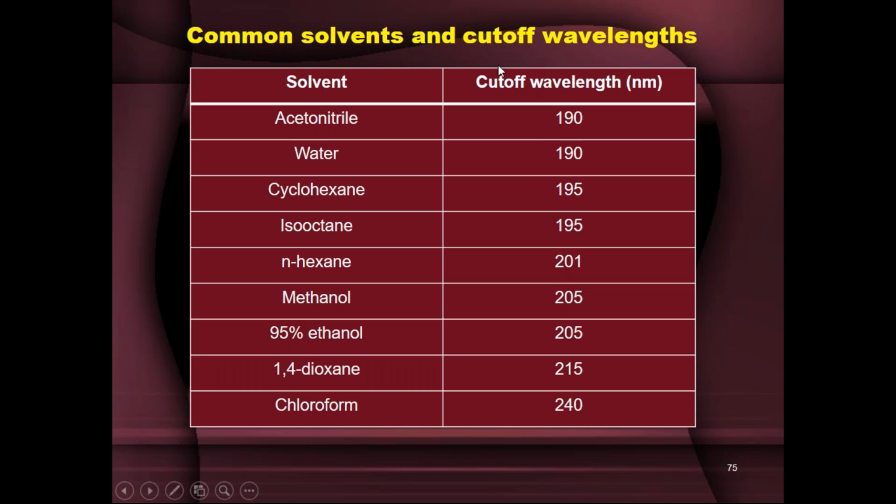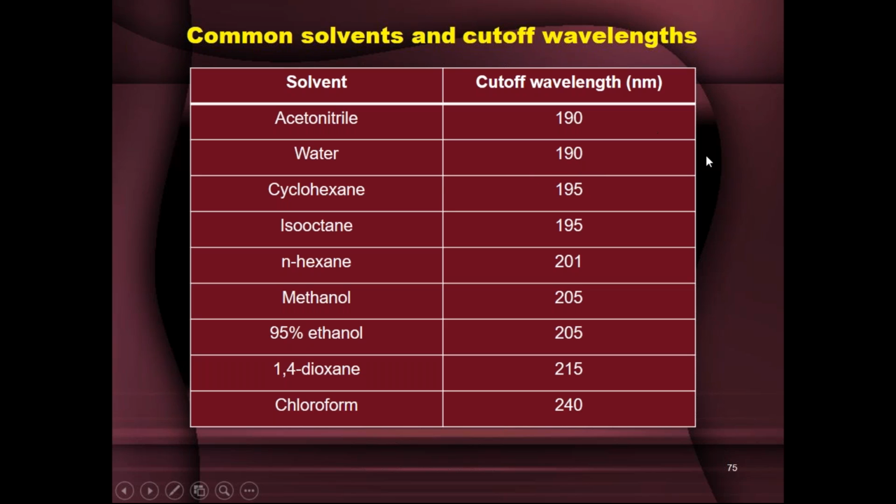The common solvents and cutoff wavelengths have been listed in this table. You have the solvent acetonitrile, whose cutoff wavelength is 190 nanometers. You have water, cutoff wavelength being 190. Water is a very commonly used solvent. So we say the cutoff wavelength is 190 nanometers.